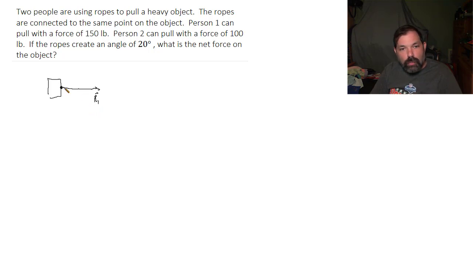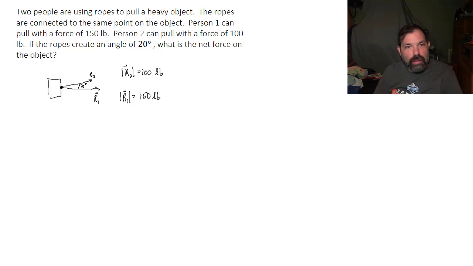And so then here's rope 2, and there's the angle between them at 20 degrees. I know that the magnitude of R1 is 150 pounds, and the magnitude of R2 is 100 pounds.